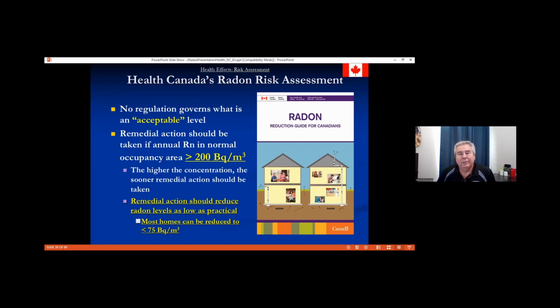You're not going to get cancer. What it means is that they've determined that level to be acceptable. In other words, the number of deaths that occur in Canada every year is acceptable at the level of 200. That's all it means. It doesn't mean that it's a safe level. There's actually no safe level when it comes to radon.